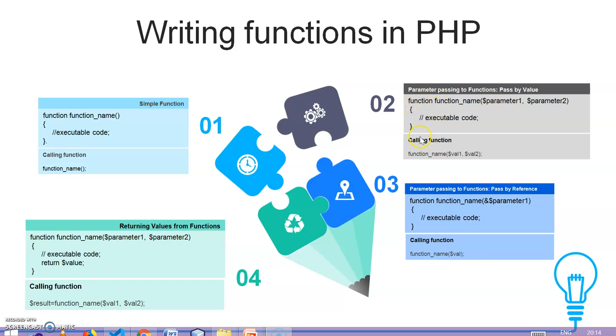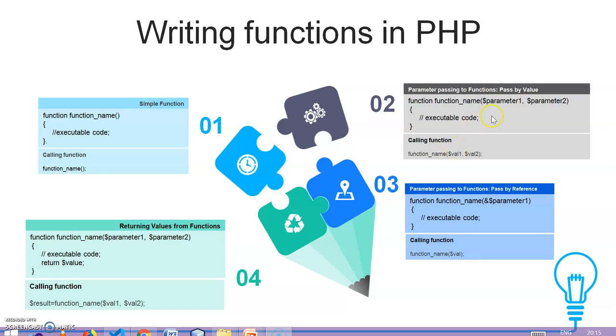So this is the declaration of a function which takes parameters as an input, and those parameters will take the values. When we call this function, suppose with the name of the function we want to call, and the first value and second value, these two values will pass to parameter 1 and parameter 2 respectively as values.